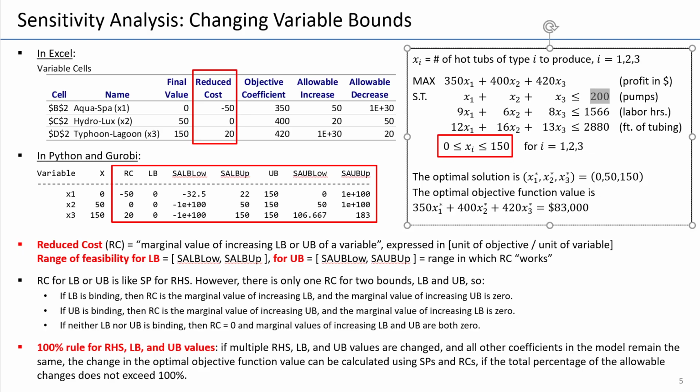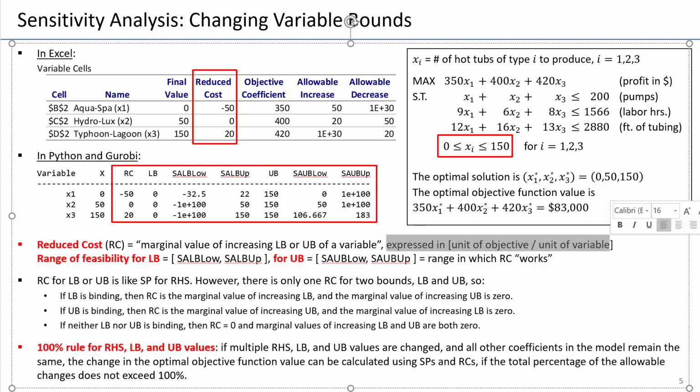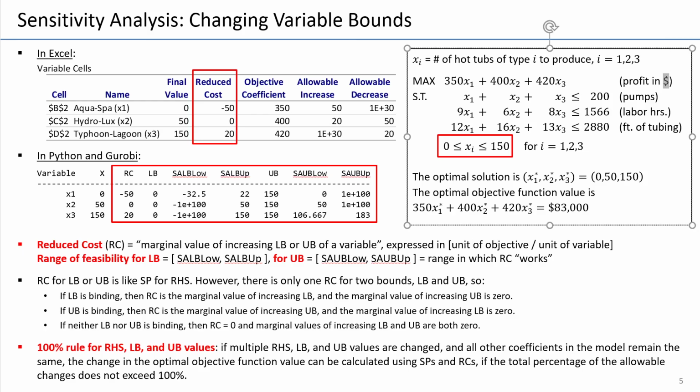Note that the unit of reduced cost is like the unit of shadow price. We have to take how much benefit in terms of the objective, which is now dollars of profit, the change in the bound will give you per unit of the change in the bound. So in this case, the units of all reduced costs will be dollars per unit of product.